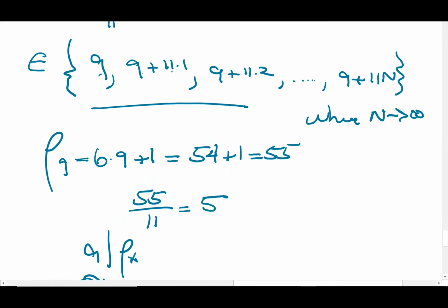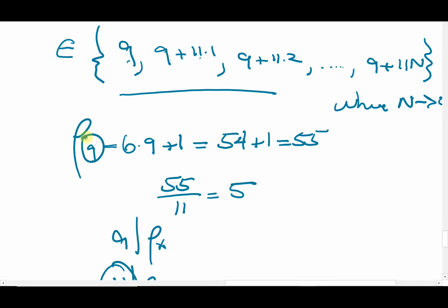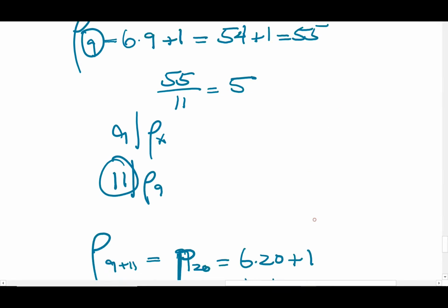So basically, P9 or 9 plus 11 times n. You start with the initial index, and the index is repeated by a multiple of a, and we can find a divisor. So this takes care of all the non-prime integers of that form.